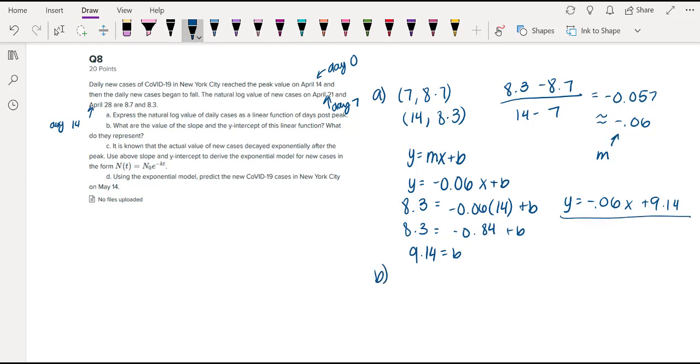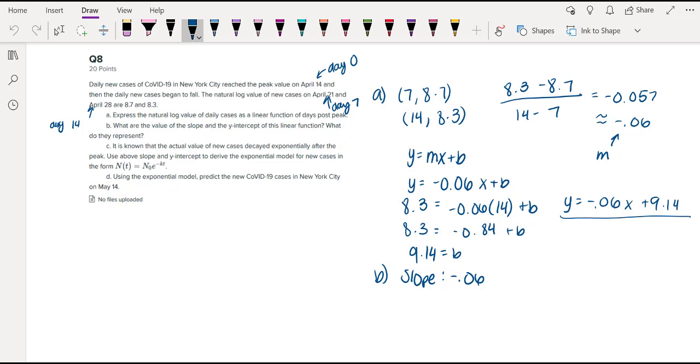Part b is asking, what are the values of the slope and the y-intercept of this linear function? What do they represent? My slope, we just found, is negative 0.06. What that represents is the rate of decrease in the natural log value of new COVID-19 cases in New York City. That's what we found when we subtracted the log values of cases over the number of days that occurred.